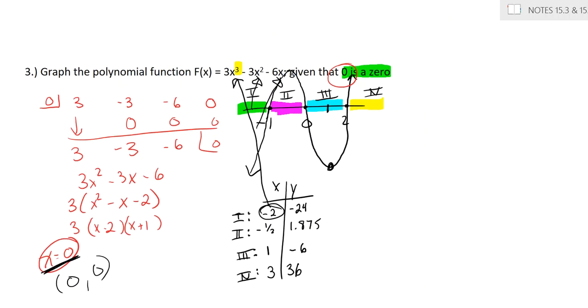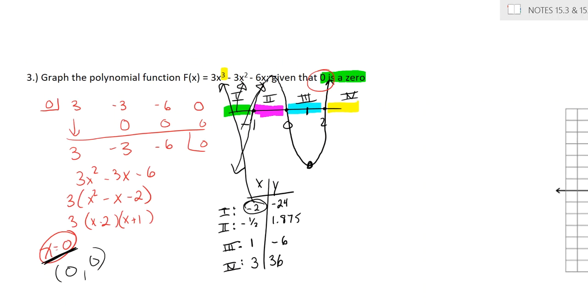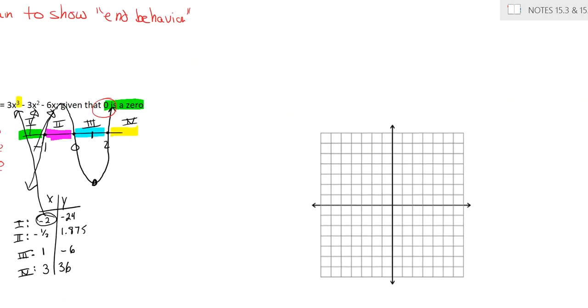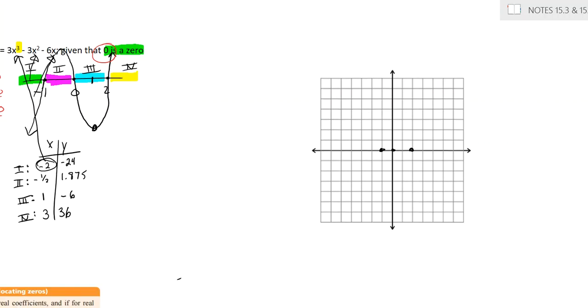So now I'm going to go to the graph, and you'll notice that some of these won't be on there, and that's fine. I'll just show kind of the distance. I'm going to start by plotting my intercepts, negative 1, 0, and 2. And then I'm going to plot these other ones. Well, negative 2, negative 24 is way down here, so I'll kind of put something down there.